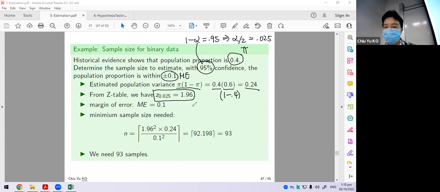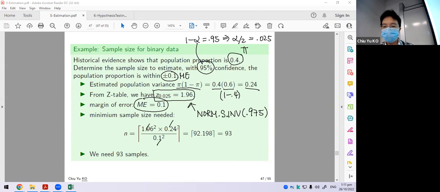Just to write down again how to calculate this: norm.s.inv of 0.975. Why? Because 0.95 plus 0.025 on both sides adds up to 0.975. The margin of error is 0.01, so just plug in all the numbers here.